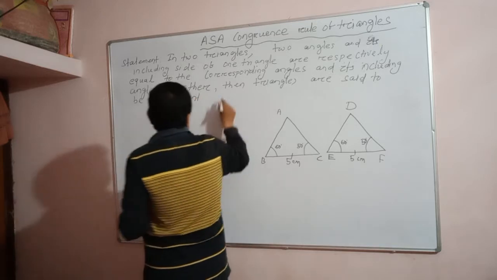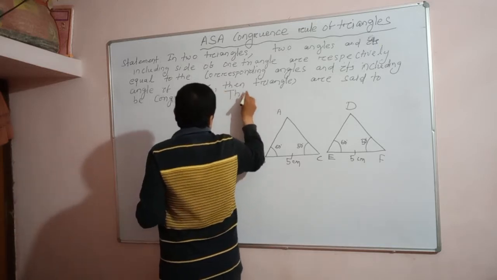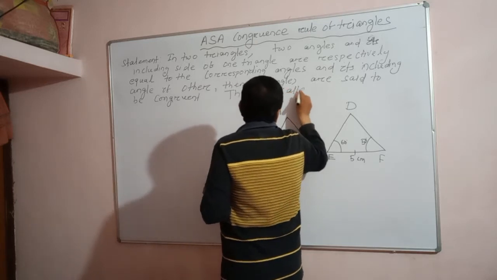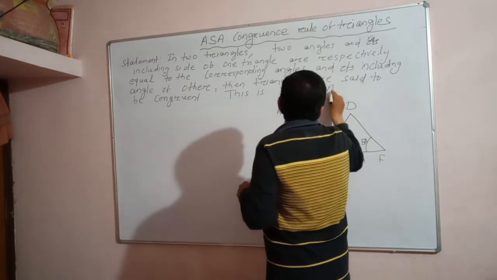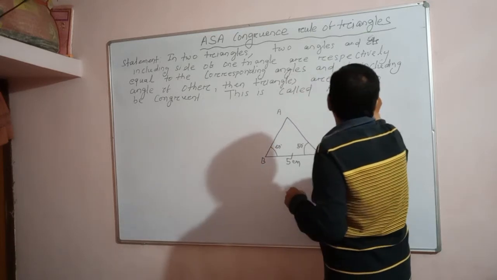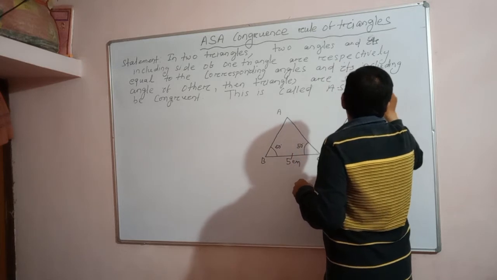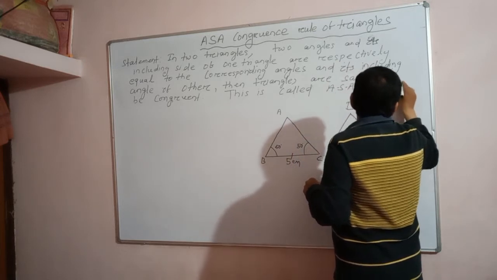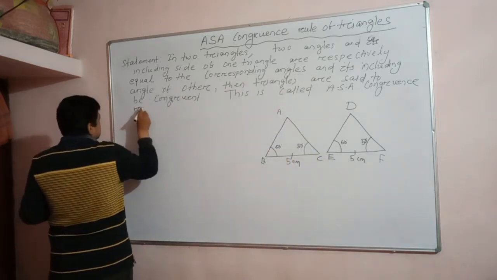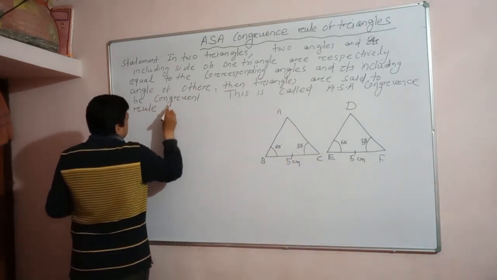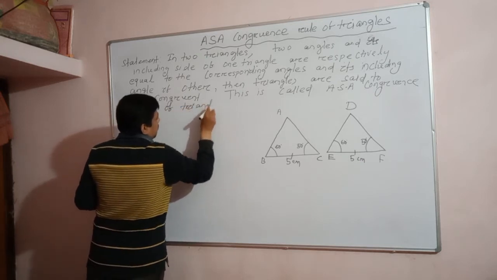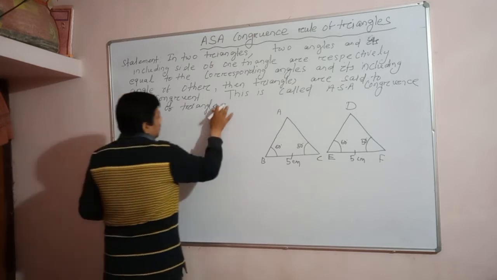Okay, this is called the angle side angle congruence rule of triangles. So we are going to prove this rule of triangles.